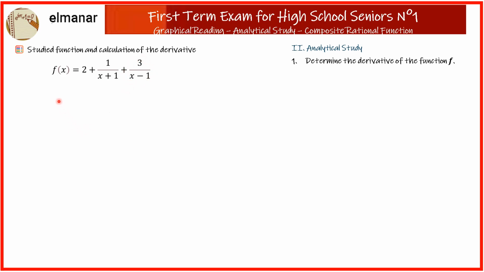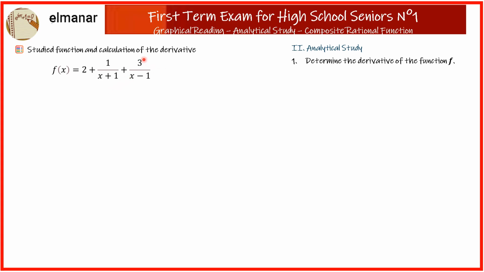Step 1. Calculating the derivative. The derivative is computed term by term. The derivative of the constant 2 is 0. The derivative of 1/(x+1) gives -1/(x+1)².